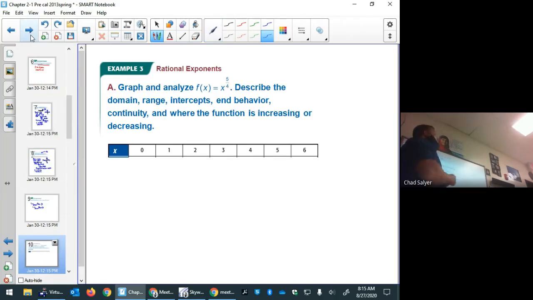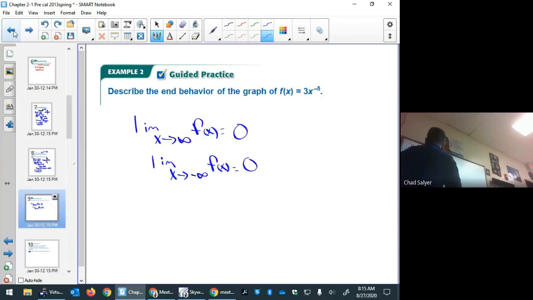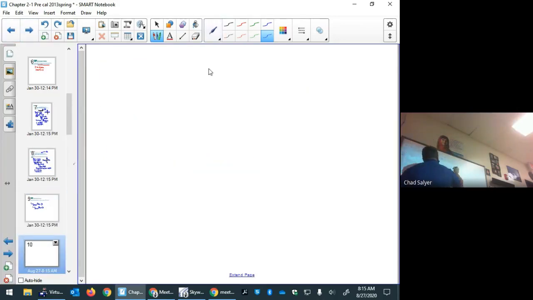Okay, so rational exponents. First of all, I want to tell you that rational exponents and radical functions are the same thing. And I want to teach you why first. So if I have a rational exponent, what's the root word of rational? Ratio. Which means to compare by what operation?